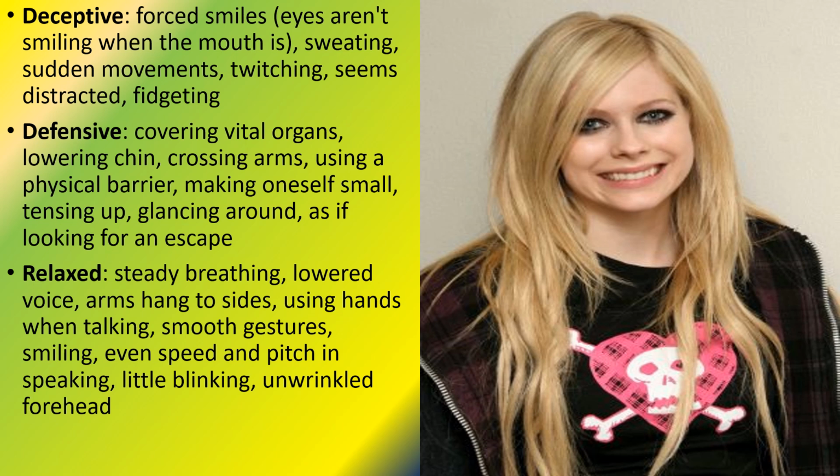Relaxed: steady breathing. If a person is very relaxed, he will smile, have a lowered voice, arms hanging to the side, use hands when talking, make smooth gestures, smile, speak with even speed and pitch, blink little, and have an unwrinkled forehead. Right? These are the things that happen while you are relaxed and speaking with someone.